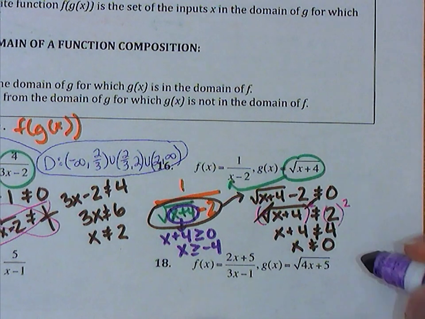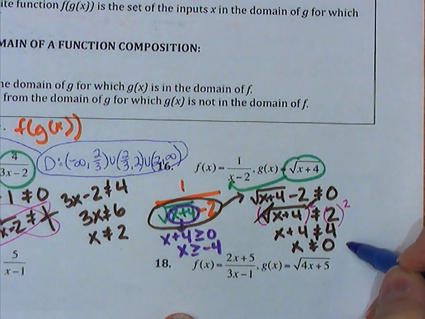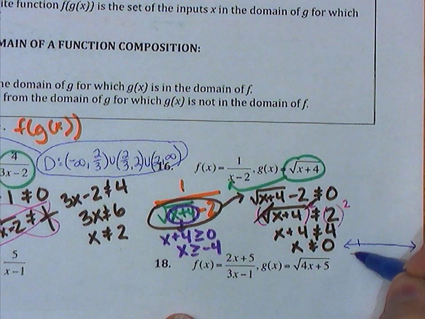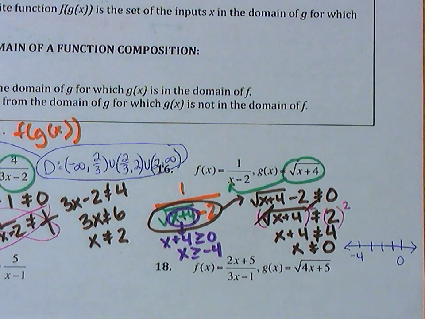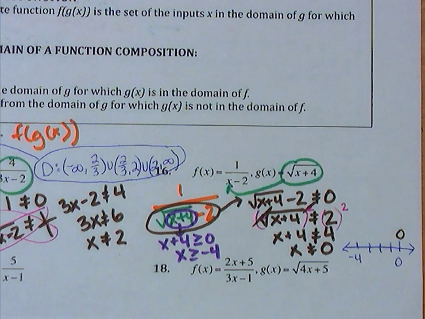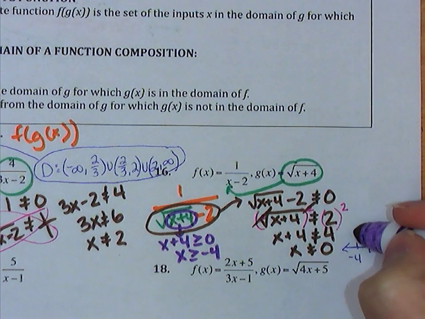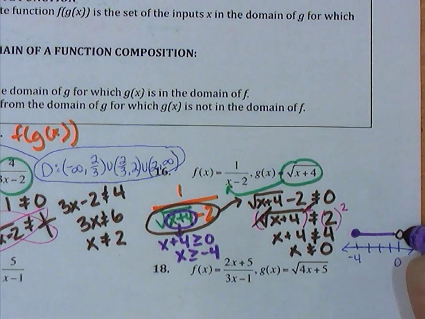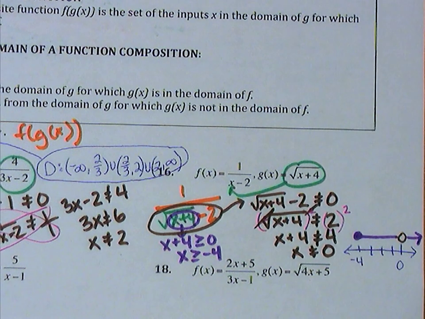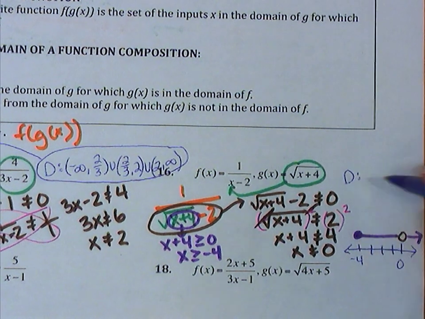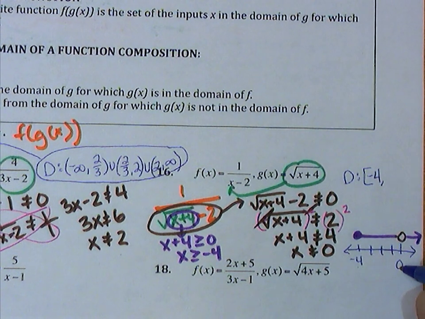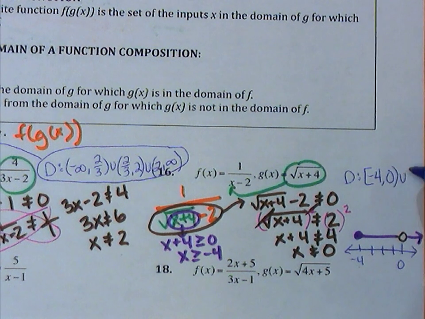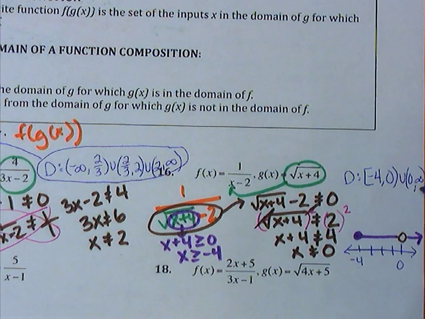If you think about a number line on that one, you would have an open circle at 0 because it can't equal 0, and then you'd have a closed circle at negative 4, greater than or equal to. So on this one, your domain starts at negative 4, square bracket, negative 4, comma, take 0 out, union, 0, infinity. Done.